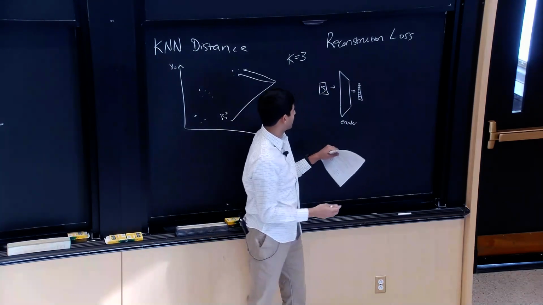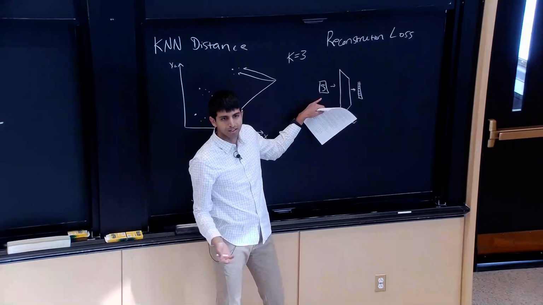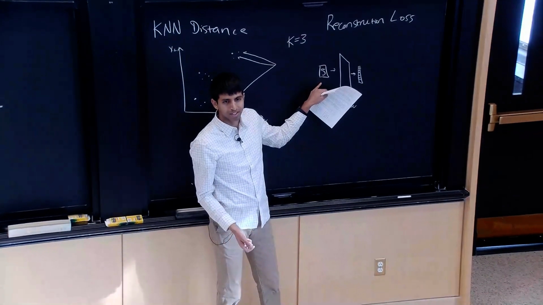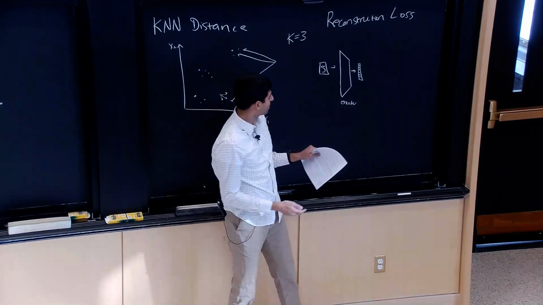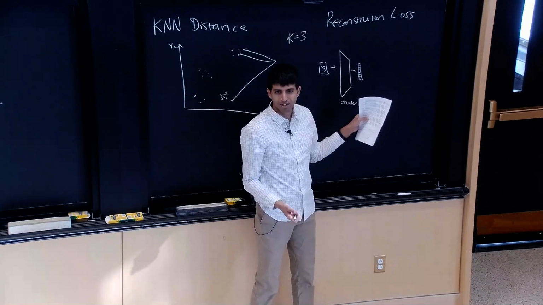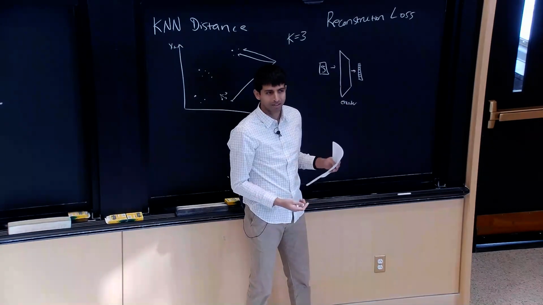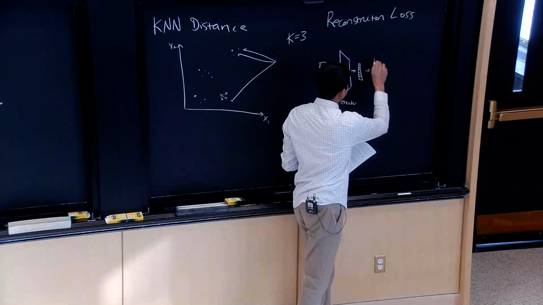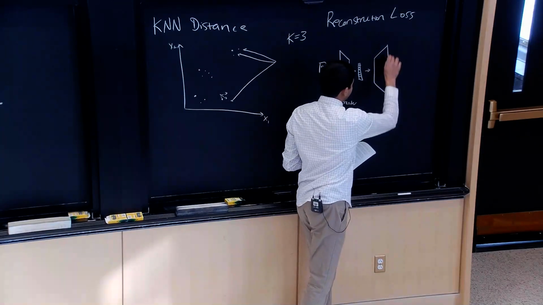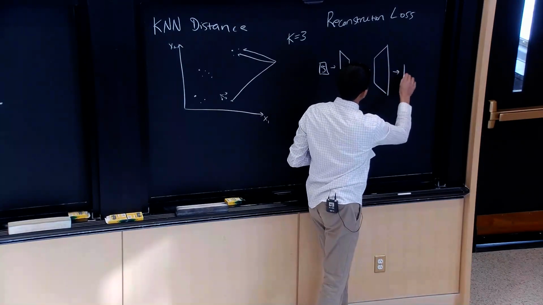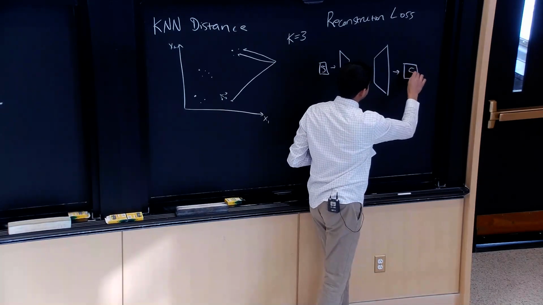So maybe you turn your image of a 5, which is 700 something pixels in MNIST, into say a 10-dimensional vector, right? Much smaller latent representation. And then you have a decoder that turns this back into a reconstruction of the image.